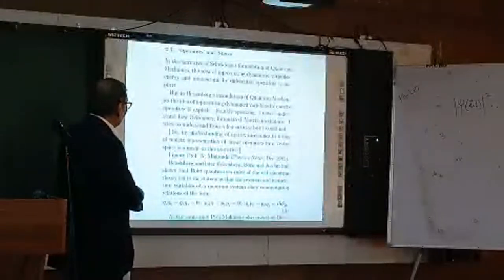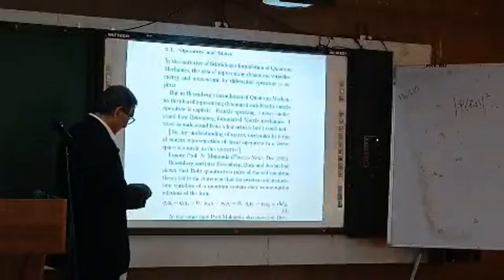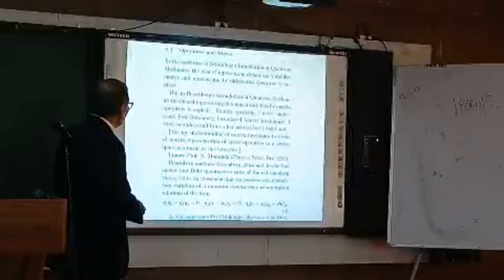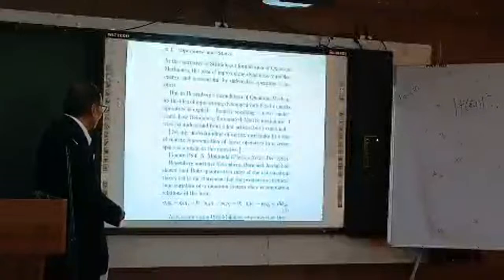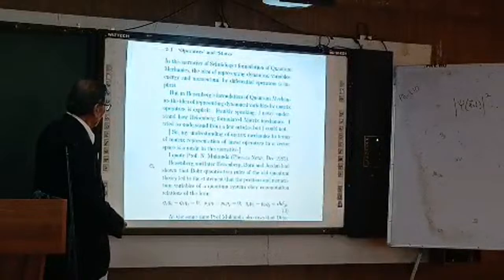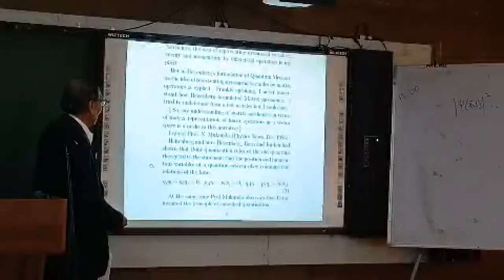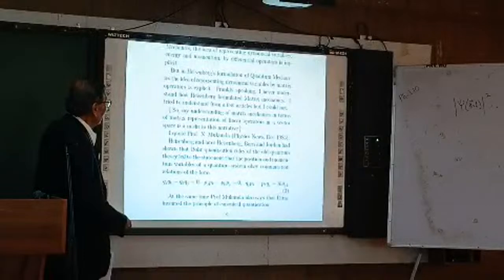And here I quote Professor Mukunda. He said, Heisenberg, Born and Jordan had shown that Bohr quantization rules led to the statement that position and momentum variables of a quantum system obey commutation relations of the form: the positions Q commute, the momentum variables commute, but position and momentum do not commute.